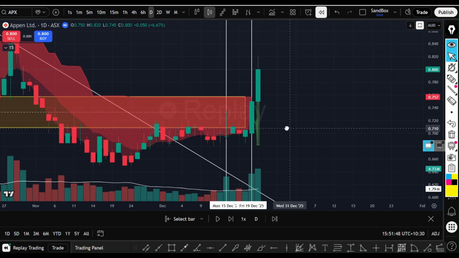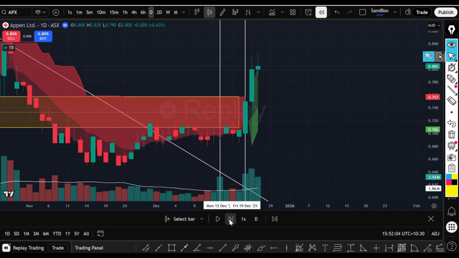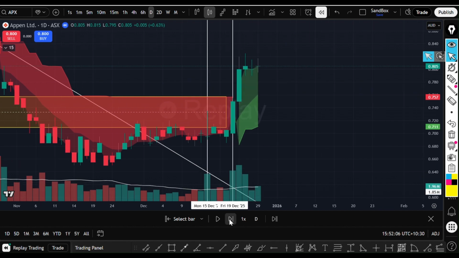Normally, what would happen is that a stock would come back to retest this point here, but if it has very strong momentum, then it would not come back into this region at all, and that's what we saw in Appen.